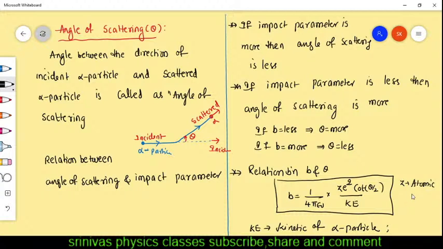That is the atomic number of the target atom or the nucleus.